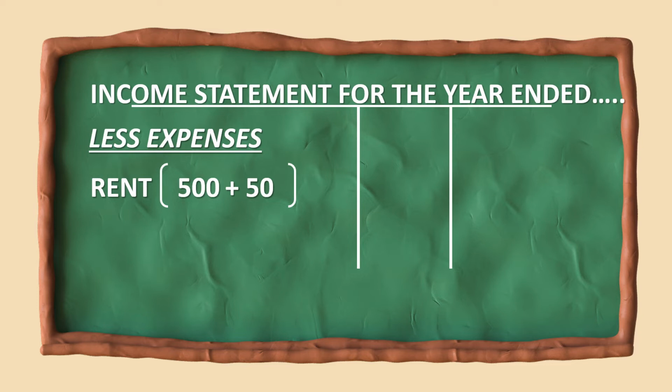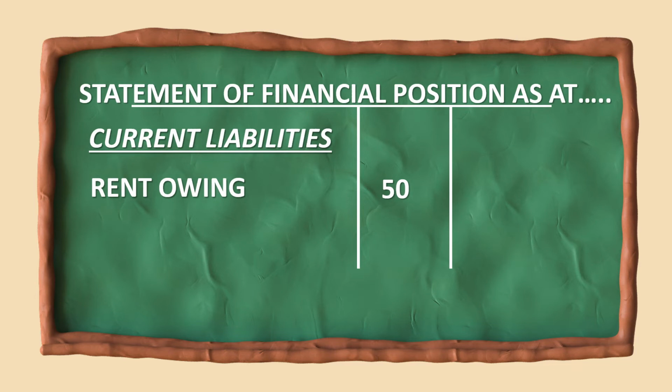As you can see, the rent expense is $500, and the $50 which Ben owed from the previous accounting period is added to $500 to give $550. In the statement of financial position, the rent owing is a current liability.